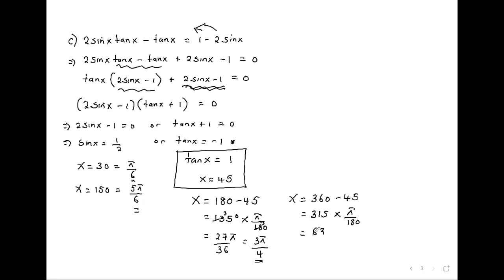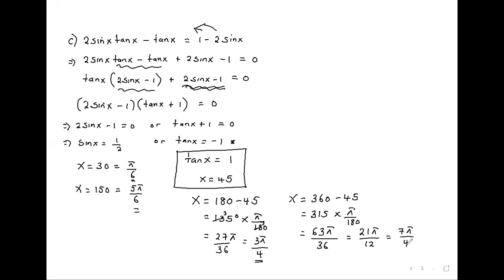So 3 pi over 5 into 180, we got 36. Then which one goes? I think the same 3. In 63, it goes 21 times, and in 36, it goes 12 times. I think 3 is still going. It goes 7 and it goes 4 down.